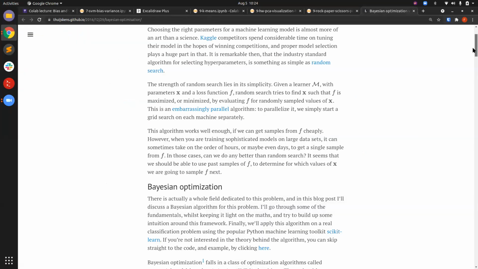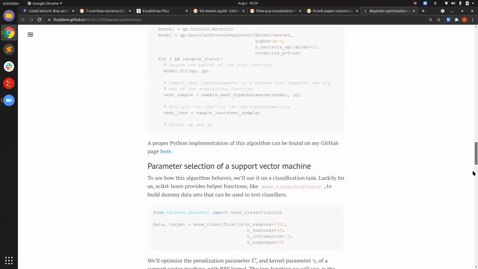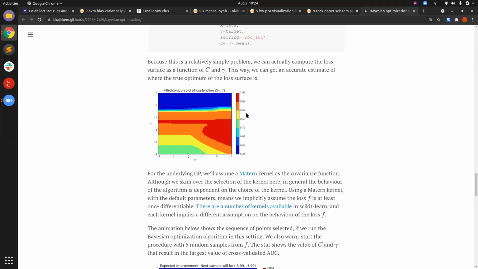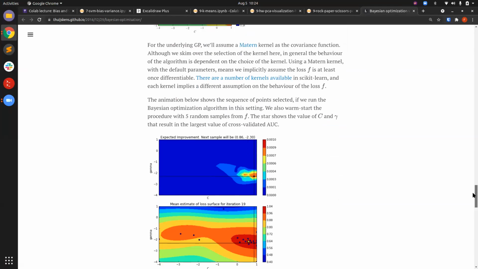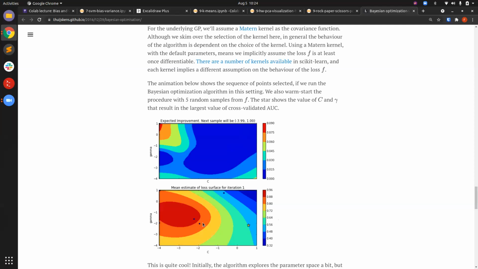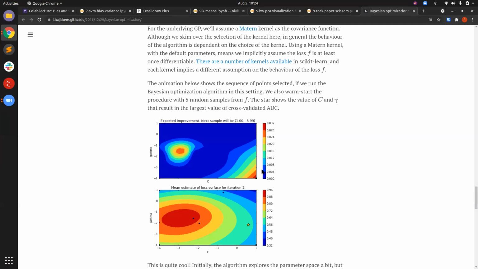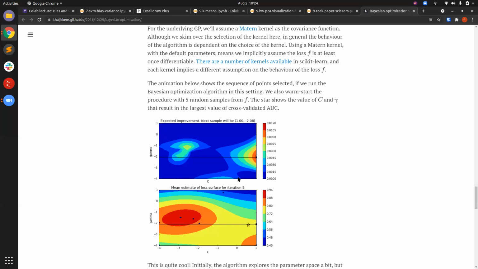So here's a little bit of a visualization of this process. Let's say this is the entire contour of the loss space for a particular problem. So the optimal hyperparameters are going to be maybe somewhere along here in this space. So with a Bayes search cross-validation, we start off by sampling a few points at the extreme cases.